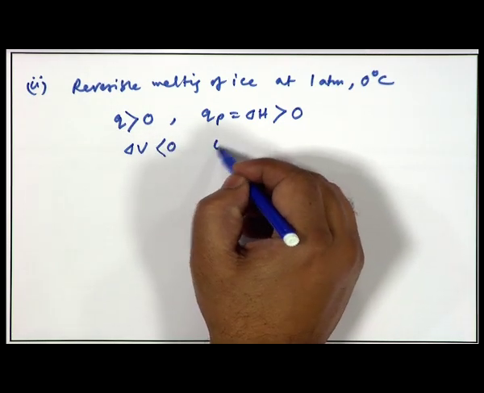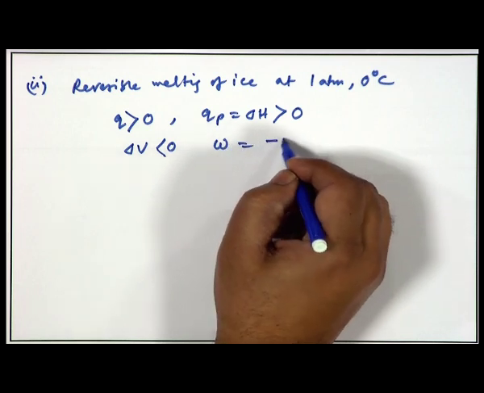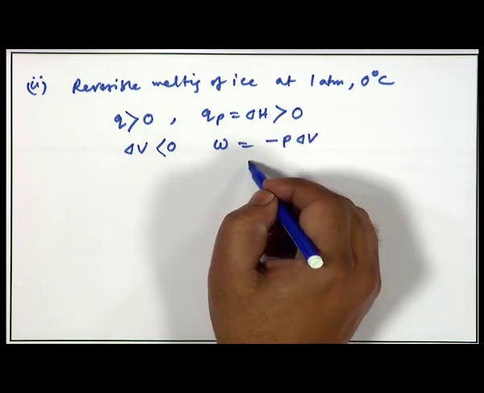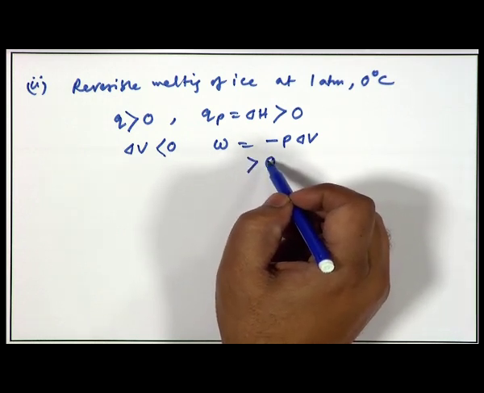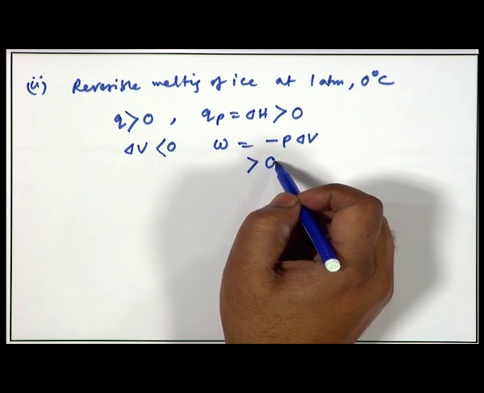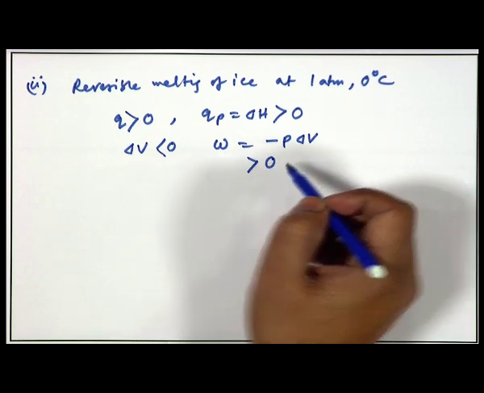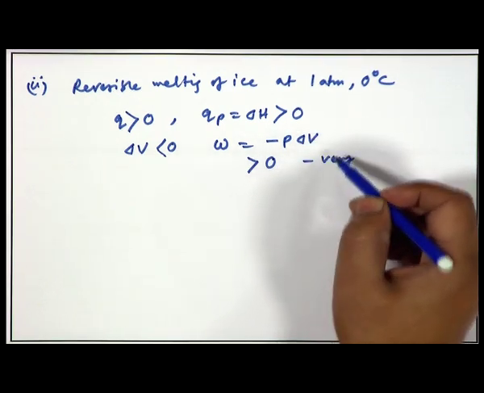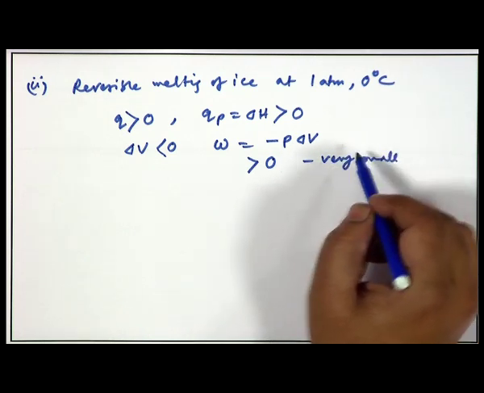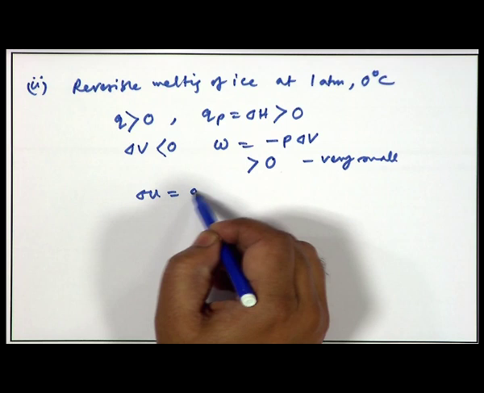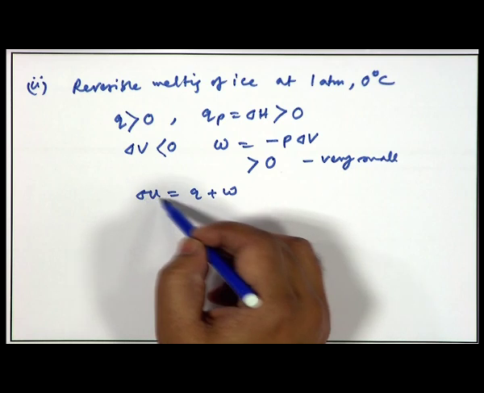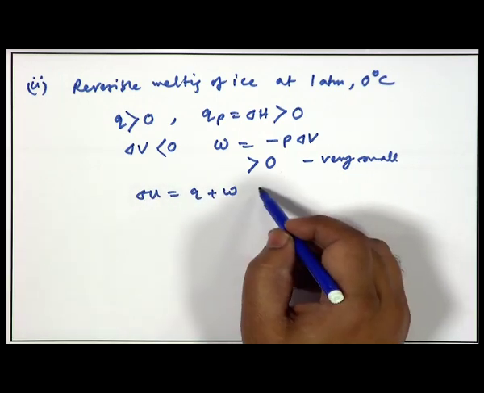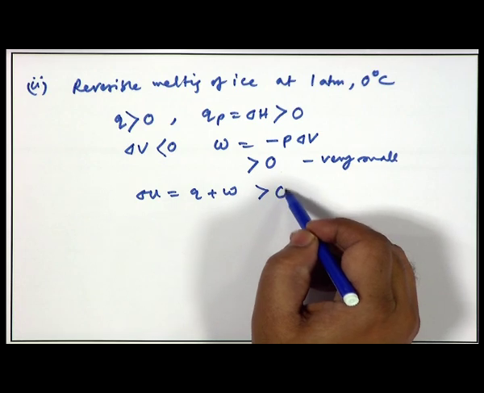So, w is minus p del V, and w should be a positive number because the volume decreases. So, w is a positive quantity, but very small, as we talked about for solids and liquids. So, del U is q plus w and w is small, so the sign of del U should be the same as q. So, del U should be greater than 0.